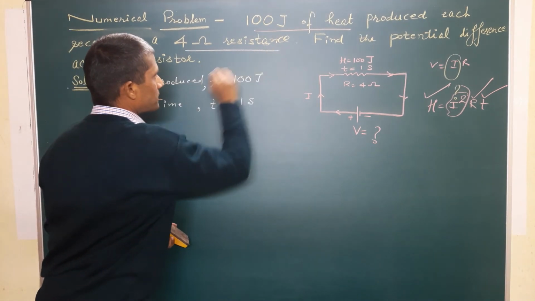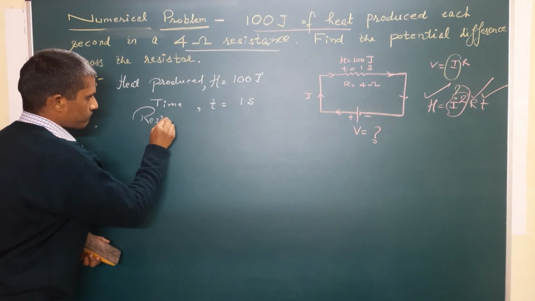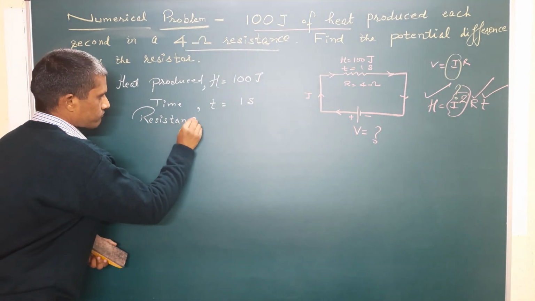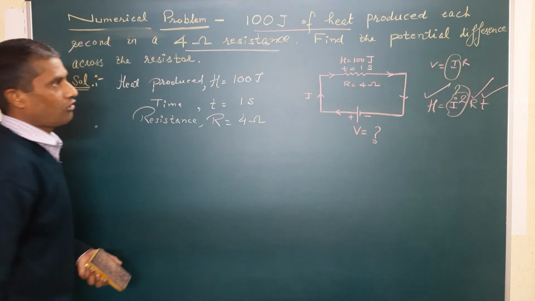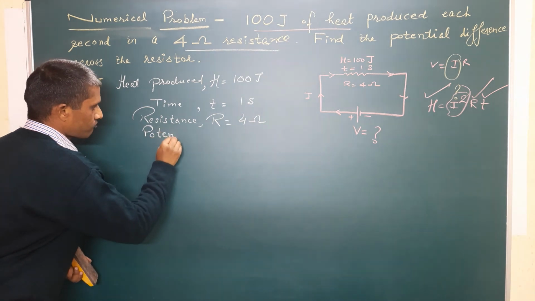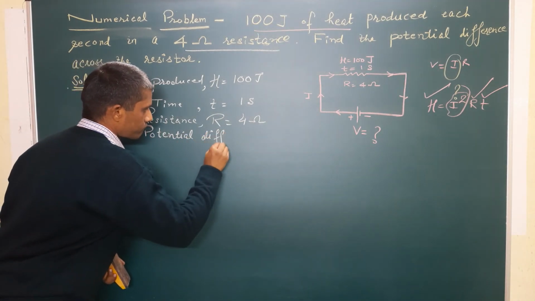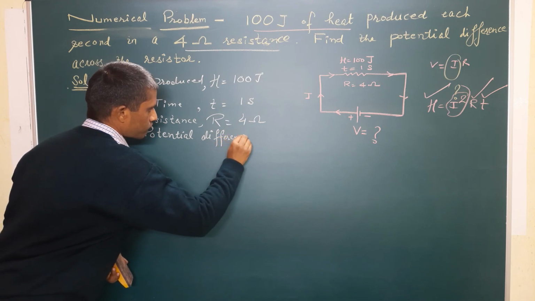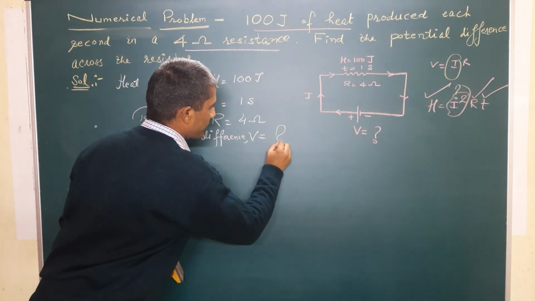In a 4 ohm resistance, this is resistance. Find the potential difference. That's the question. Potential difference V, that's going for a question mark.